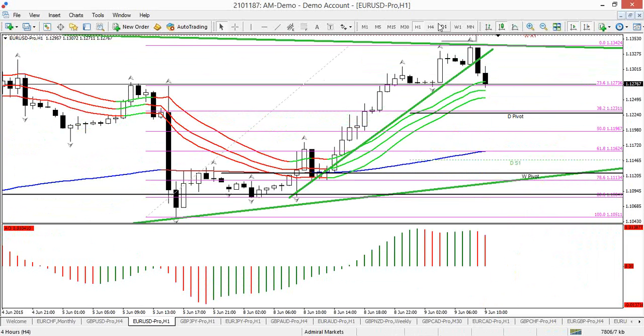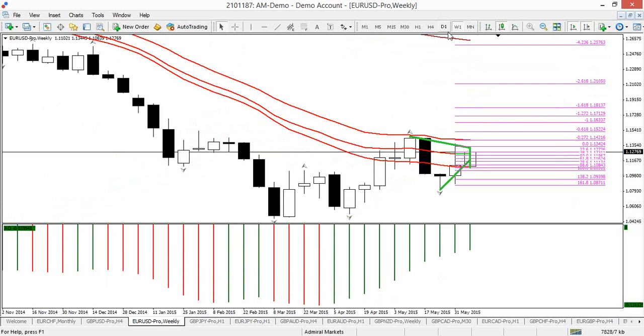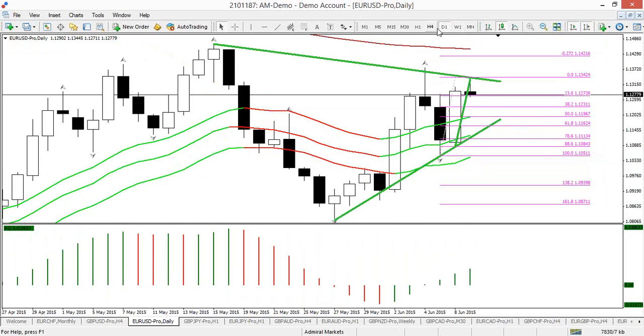I wouldn't expect a big intraday downtrend, as this could still be only a retracement of the bullish candle that we saw yesterday. So if it tests the 78.6 or the 61.8, those could still be bouncing spots.